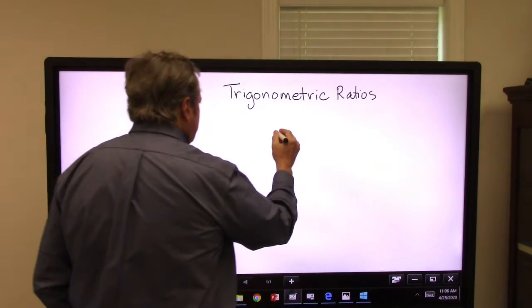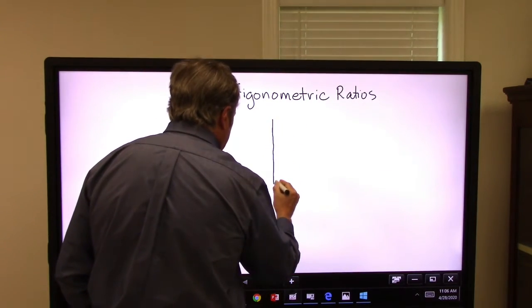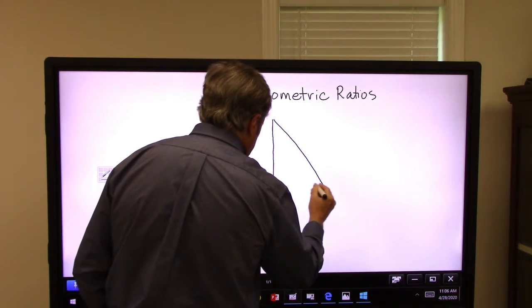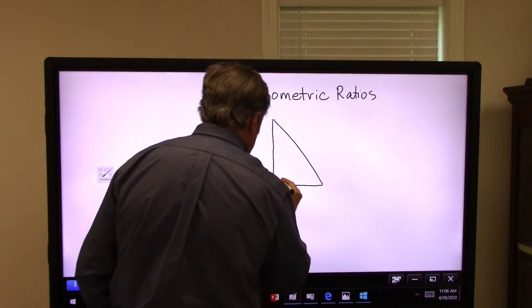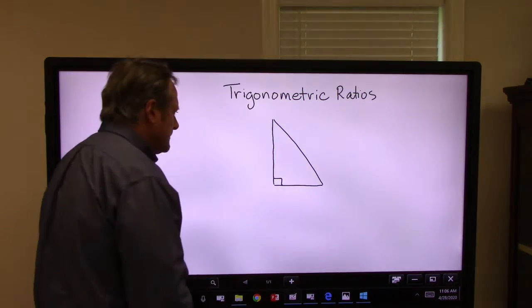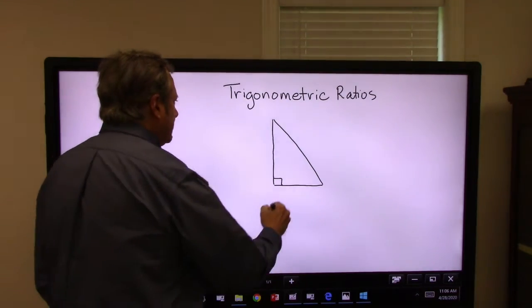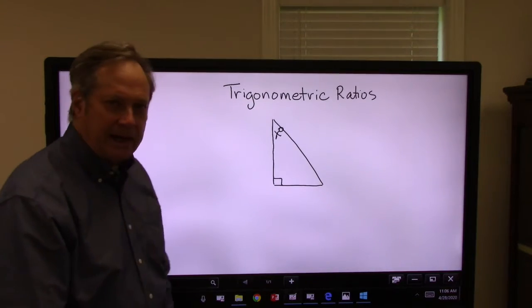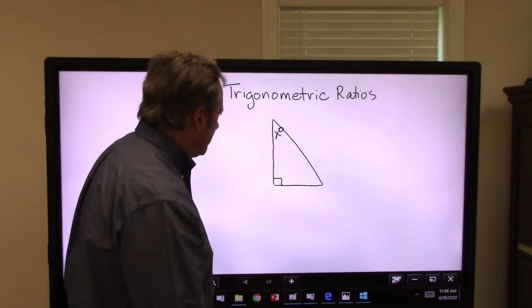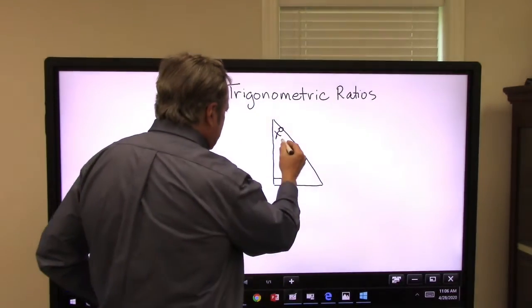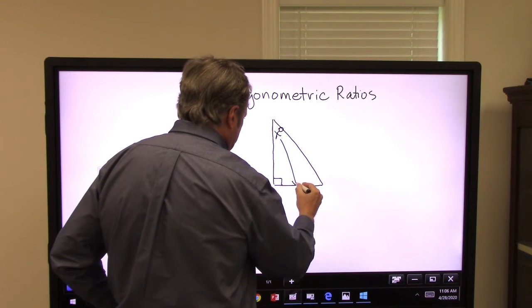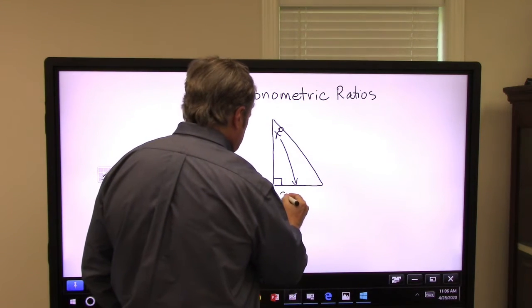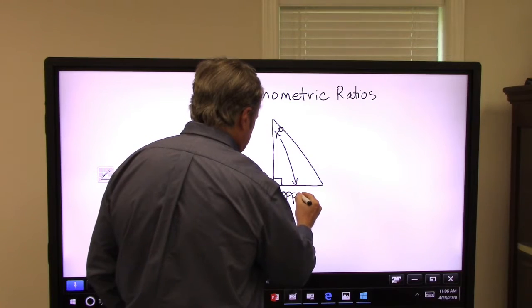Now, let's draw a right triangle here. And let's call that angle X. Would you agree that the side across from angle X is called the opposite side?